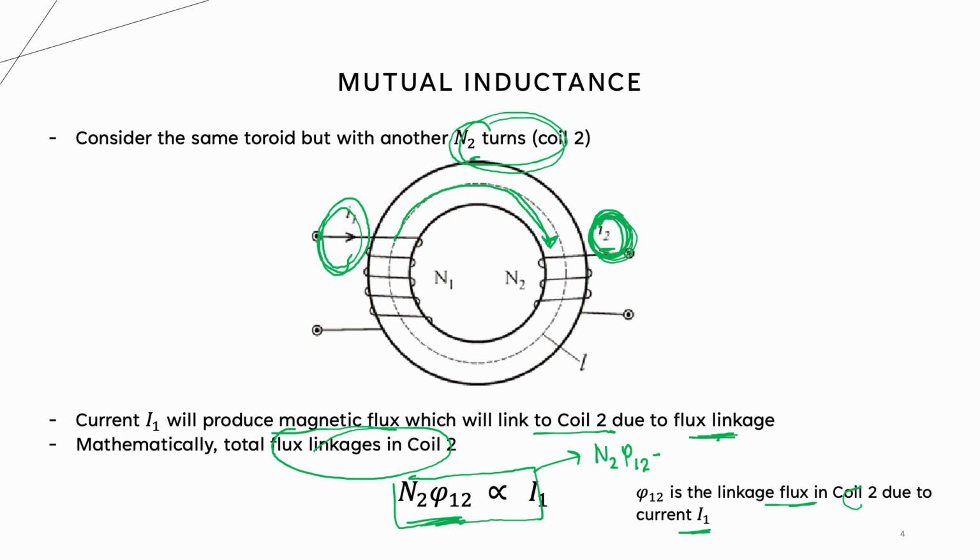This equals, not L2 anymore, since this is now mutual, it is written as M12 times I1, because I1 is the supply.